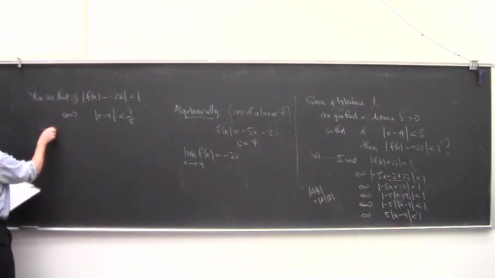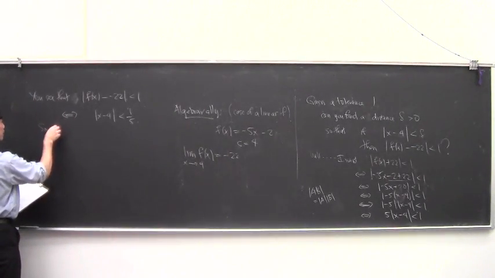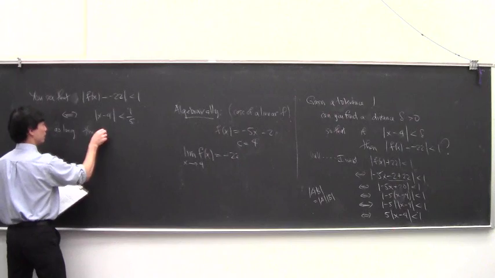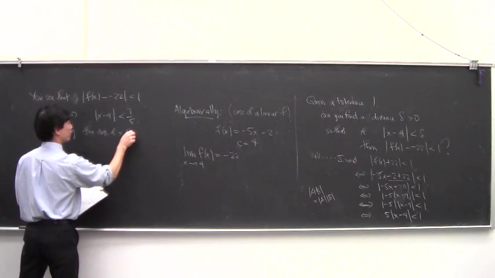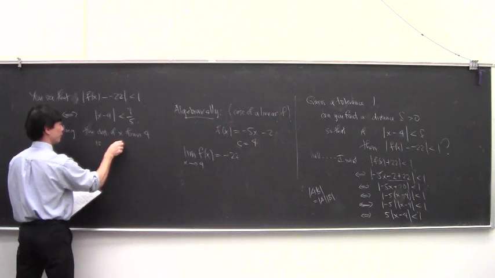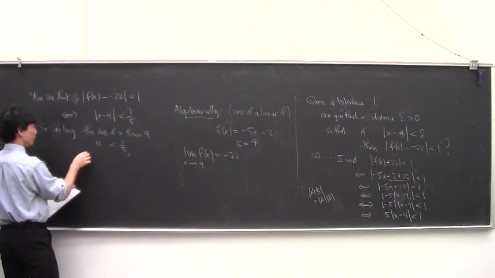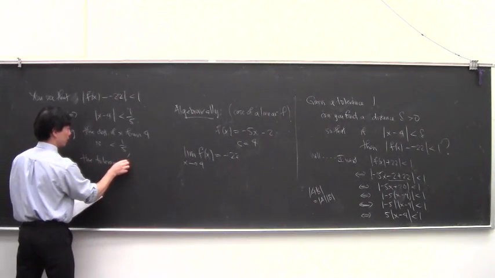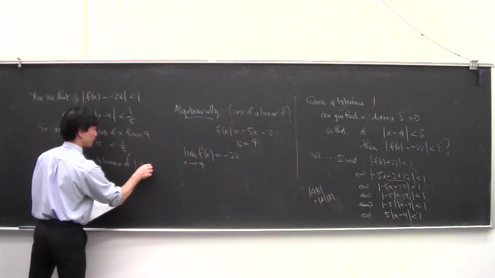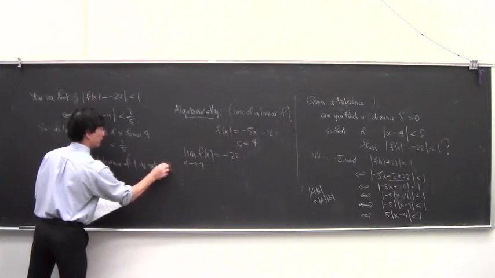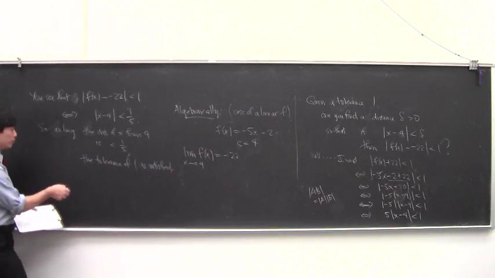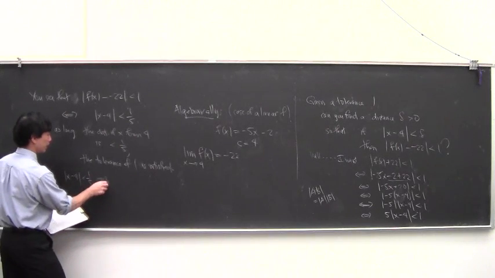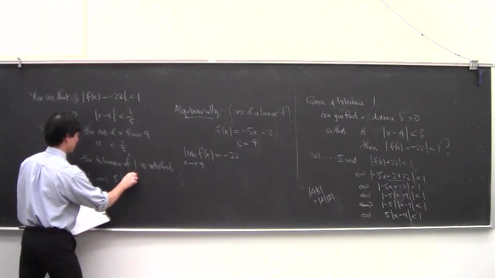So as long as the distance of x from 4 is less than a fifth, I know that the tolerance of 1 is satisfied. Because if this is less than a fifth, then I know that 5 times it is less than 1.